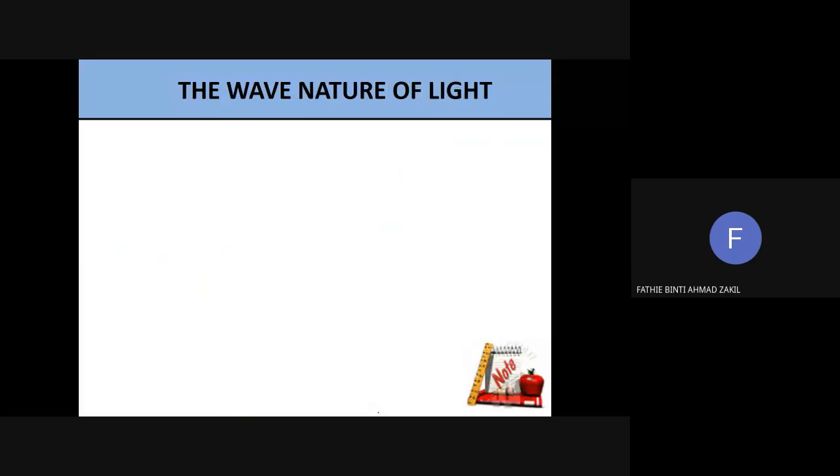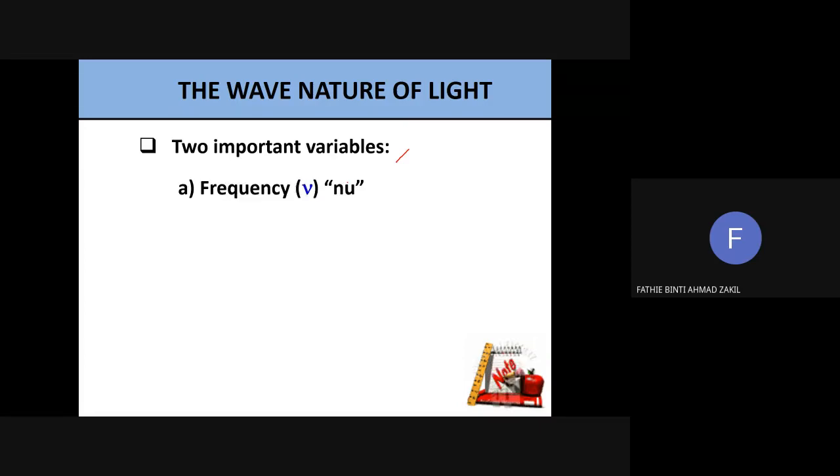Okay, so sebelum kita go through part 2.1, kita kena ada sedikit knowledge berkenaan dengan wave nature of light. Untuk wave nature of light kita ada two important variables. A adalah berkaitan dengan frekuensi. Benda-benda ni tak tahu dalam fizik ada ke?